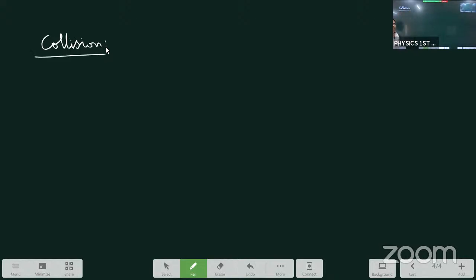Okay, collision. What is collision? Different types of collision and elastic collision in one dimension. So this is one important long answer.